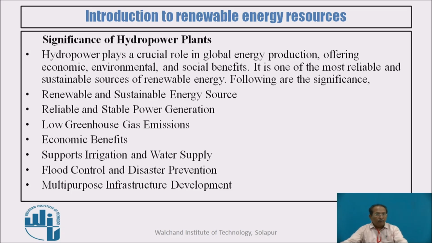We are going to use that for irrigation also. This also helps for flood control and disaster prevention and multi-purpose infrastructure development, so that people can be attracted, or we can make a good tourism place for such projects.